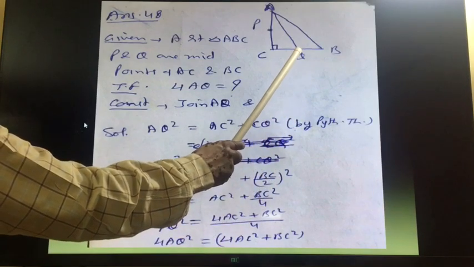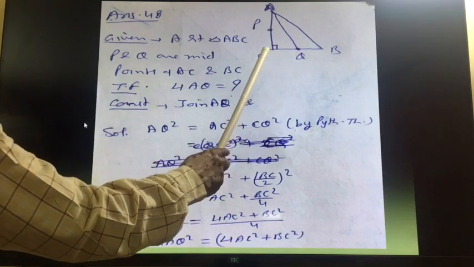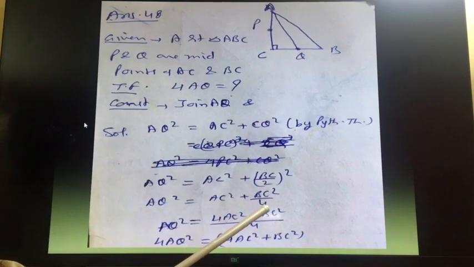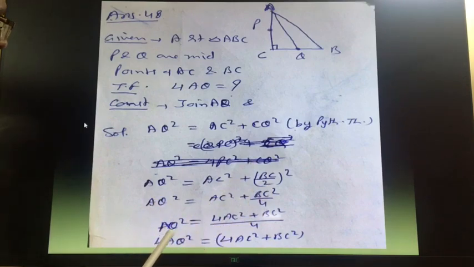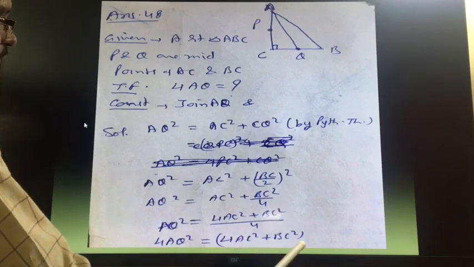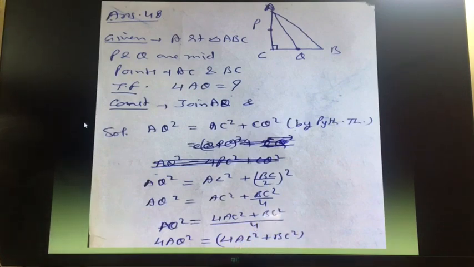Because Q is the midpoint, so CQ will be equal to half of BC, right? So after opening this bracket you will get BC square upon 4. So on the left side AQ square, here we can take LCM. So we will get 4AC square plus BC square upon 4, and by this 4 we will do the cross multiplication. So 4AQ square is equal to 4AC square plus BC square. So this is the value of 4AQ square, right?